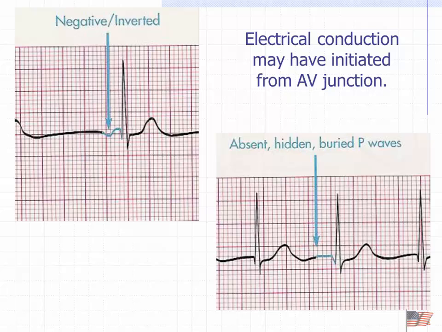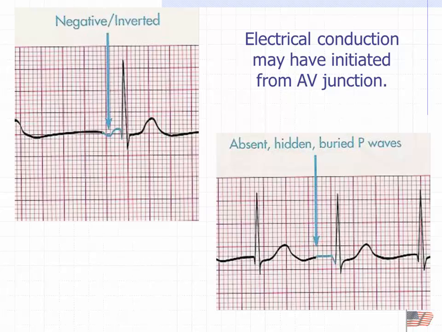Wait, so you said a negative deflection? A negative deflection means it's moving in the opposite direction we expect it to be. In lead 2, I expect the P wave to move from the upper right through the atria to the AV node, so it should be an upward deflection. If I'm seeing an inverted P wave, that means it's starting actually in the AV node and moving up.